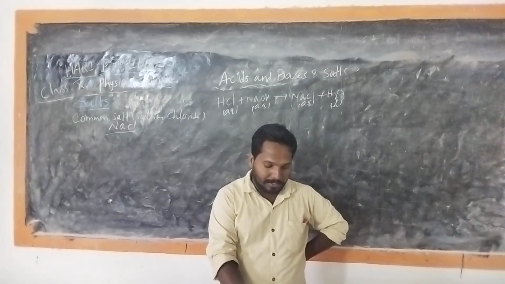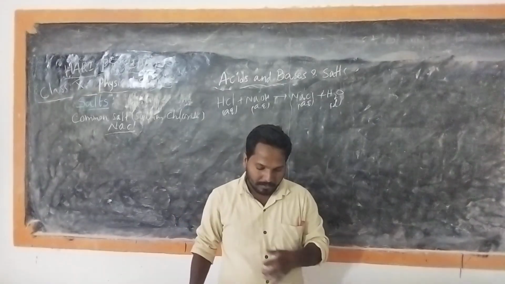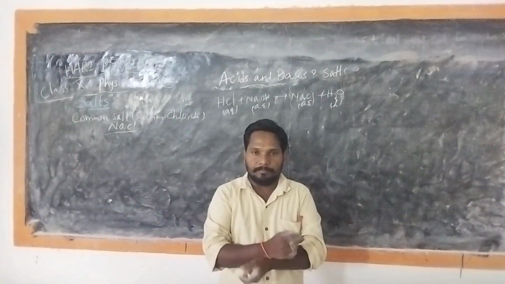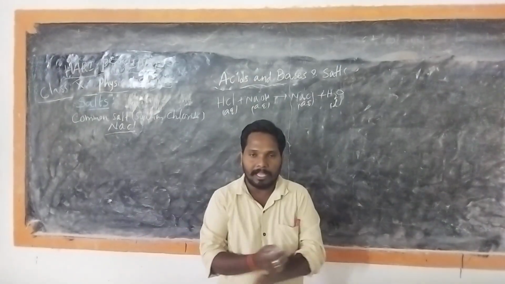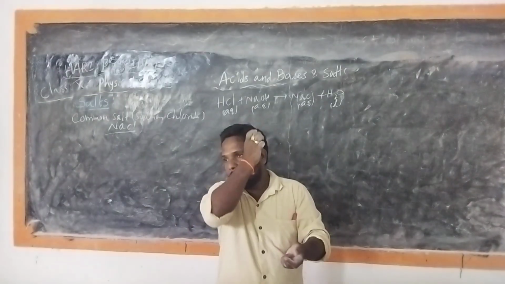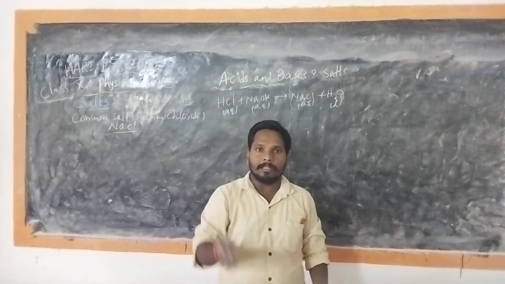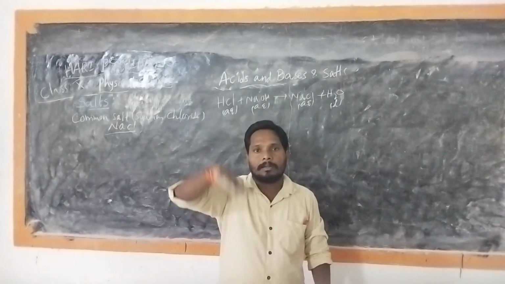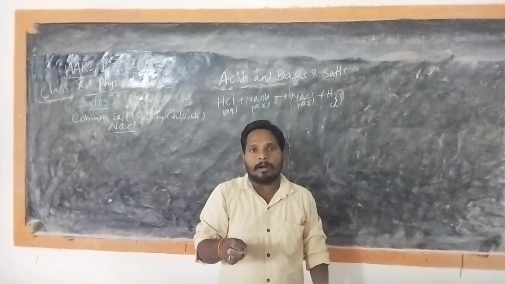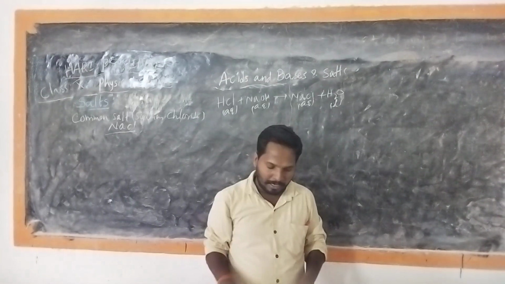Sea water is trapped in large shallow pools and allowed to stand there. Due to the sun, all the water evaporates. Finally, common salt is formed as crystals. So we know very well about it.